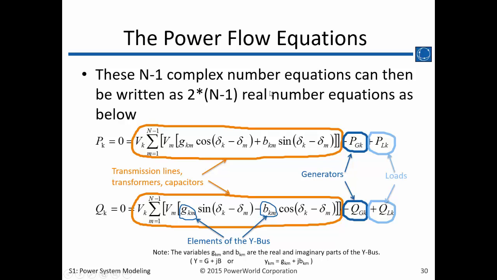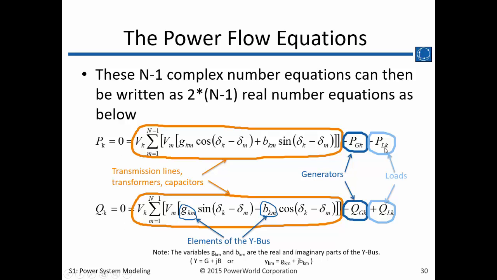These n-1 complex equations are written as 2 times n-1 real number equations because we have both the real and imaginary parts, and we can separate those out into one equation of all the real parts and one equation of all the imaginary parts and write these equations separately.